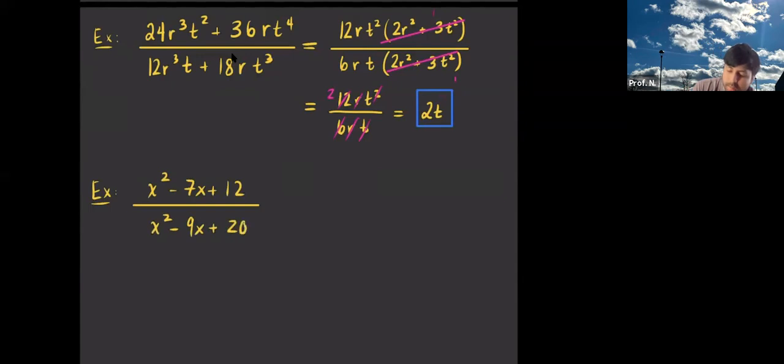So now look what we have here. We have two trinomials, numerator and denominator. And the question is, can we factor the numerator and denominator? So is x squared minus 7x plus 12, can I factor this?